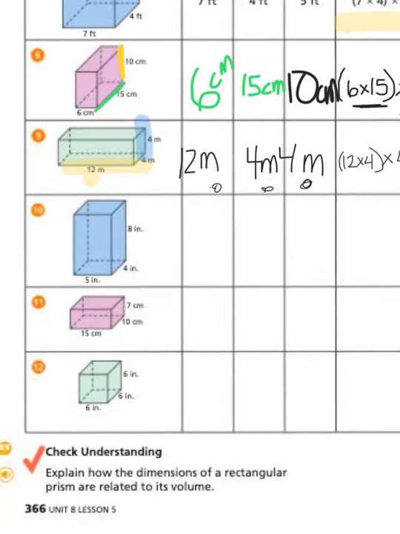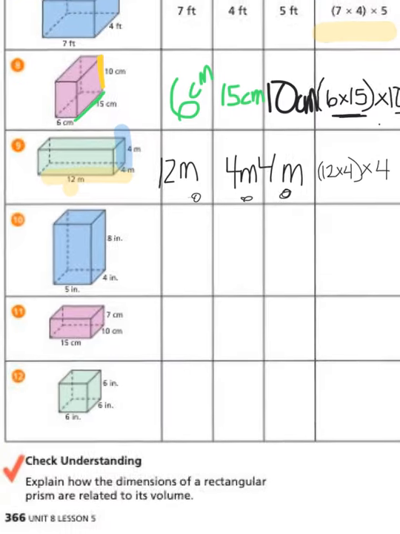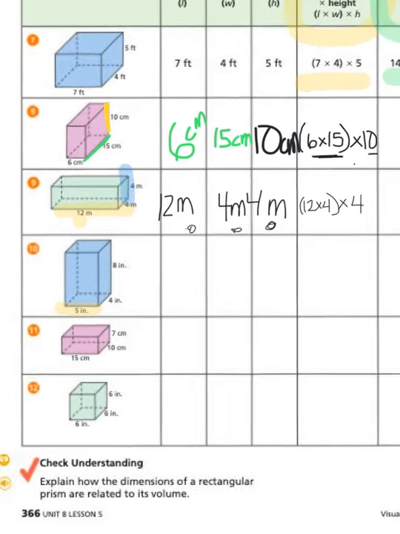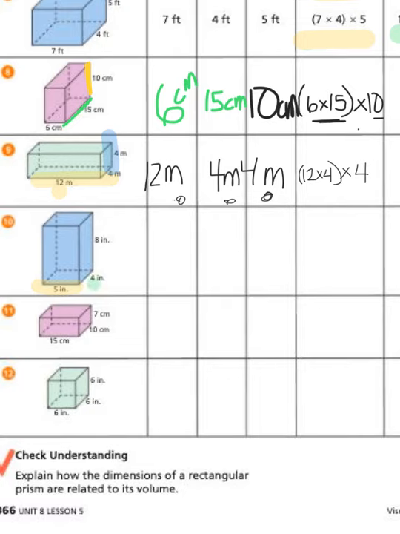Let's set up the last one together, and then I think you can do the rest on your own. So this one is 5 inches for the length here, 5. The width is 4 inches here, and then the height is 8 inches here.